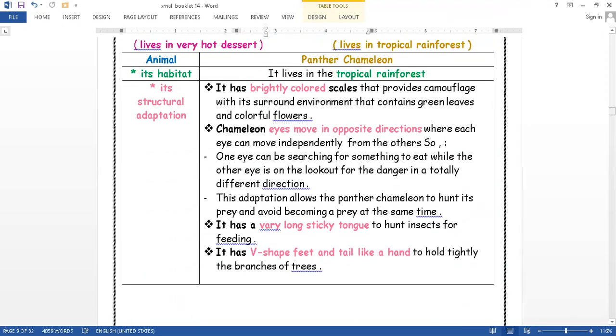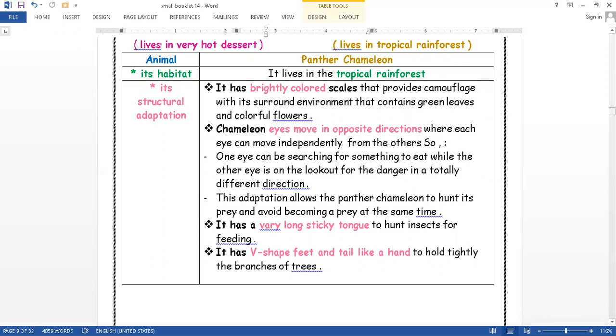Let's start with the first thing, its habitat. It lives in the tropical rainforest, and the tropics always means something colorful. So we will find that the first point in the structural adaptation is that it has brightly colored scales. Why? To blend with the surrounding environment, which is full of colorful flowers.